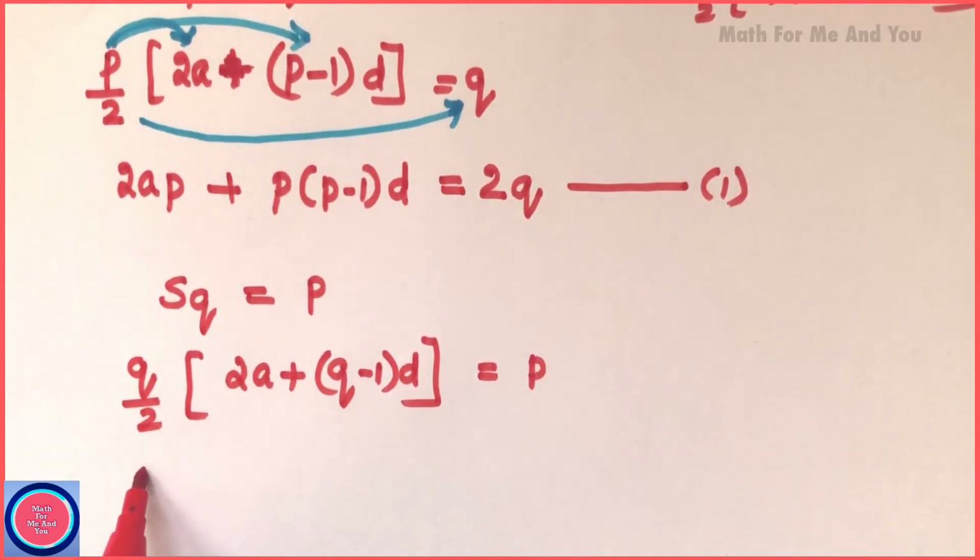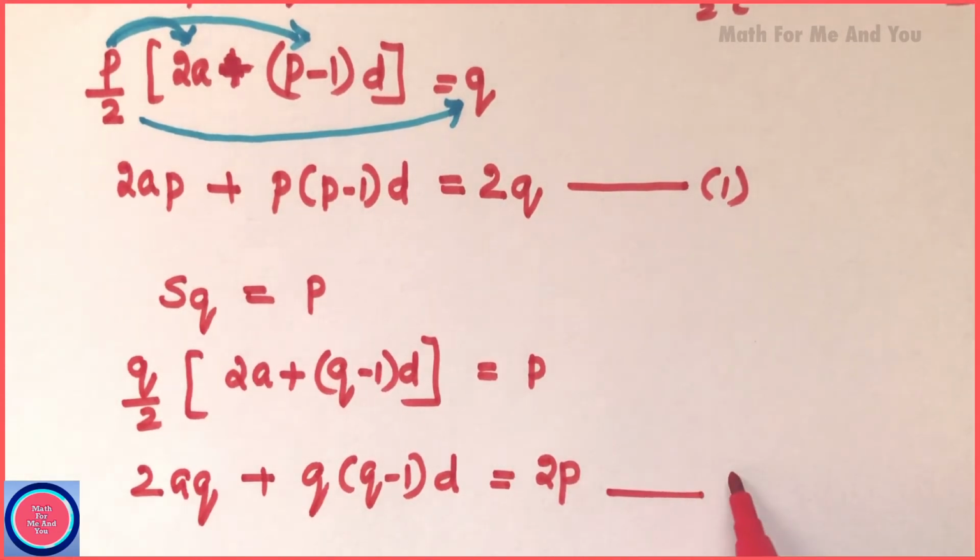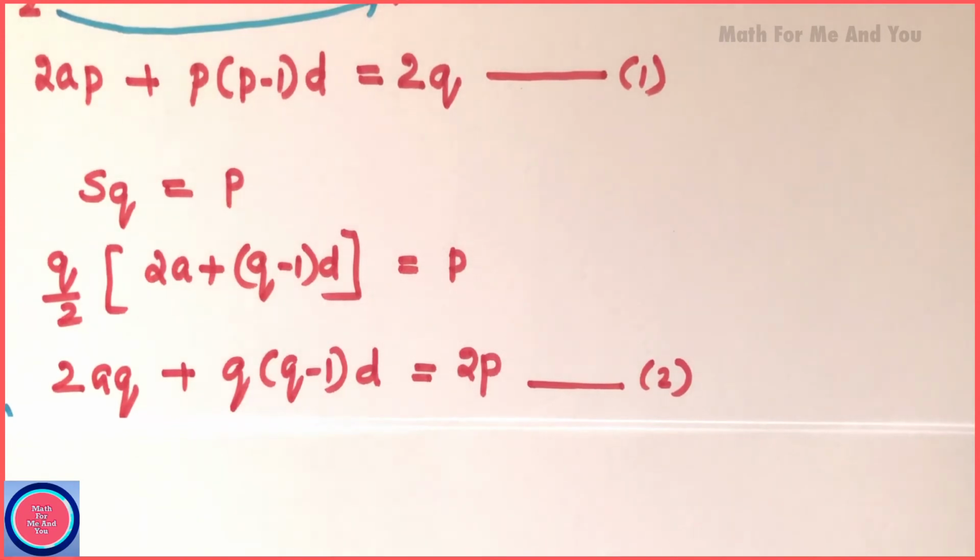What next? We multiply with the q and take 2 to the other side. We get 2aq plus q times q minus 1 into d is equal to 2p. Now we get the second equation. We could mark this as equation number 2.